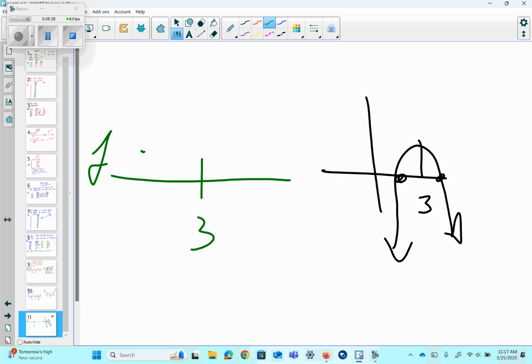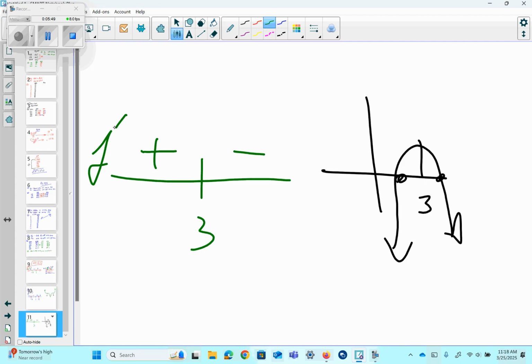And we're going to go positive to negative, and that's all you have to put. So that's a really small F prime chart. Those are roots. They're not changing the direction of the graph. That just happens where they cross the x-axis. Cool.